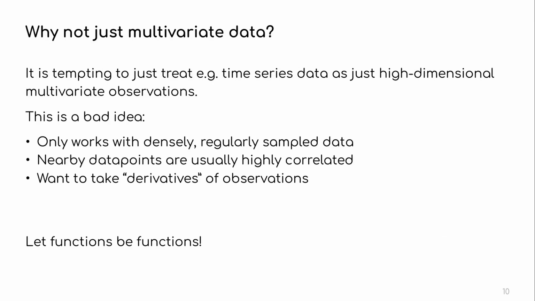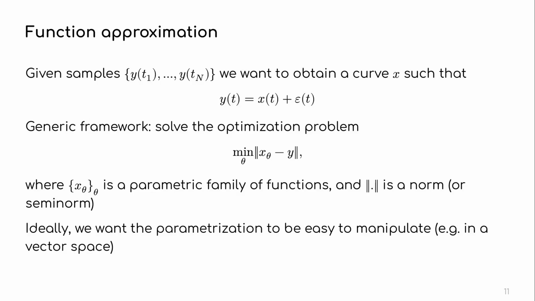So let's say I have a bunch of samples and I want to find a curve x such that y of t is x of t plus epsilon of t. x is what I really want, my actual data, and epsilon would be measurement noise.